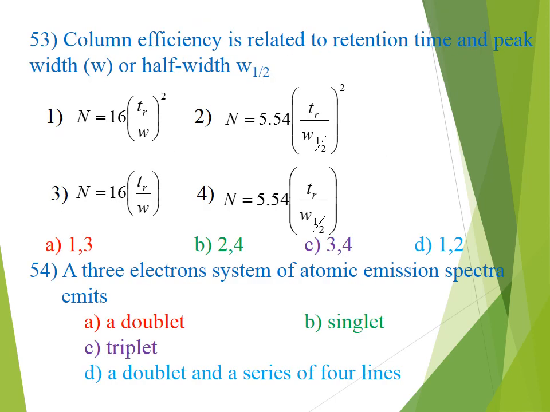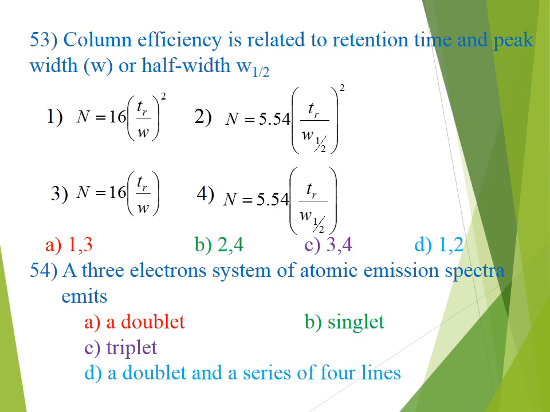The column efficiency is related to the retention time and peak width W or half width W by half. Option 1, N equal to 16 TR by W whole square. Option 2, N equal to 5.54 into TR by W half whole square. Therefore option D, 1 and 2, is the correct answer.